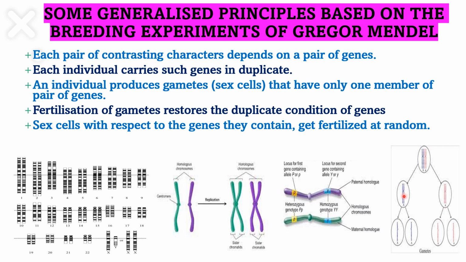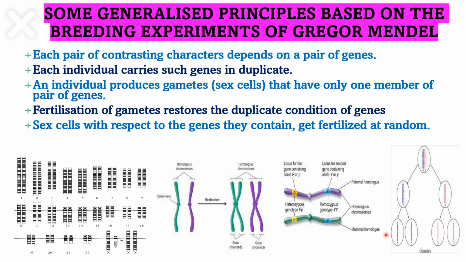An individual produces gametes that have only one member of a pair of genes. Fertilization of gametes restores the duplicate condition of genes.